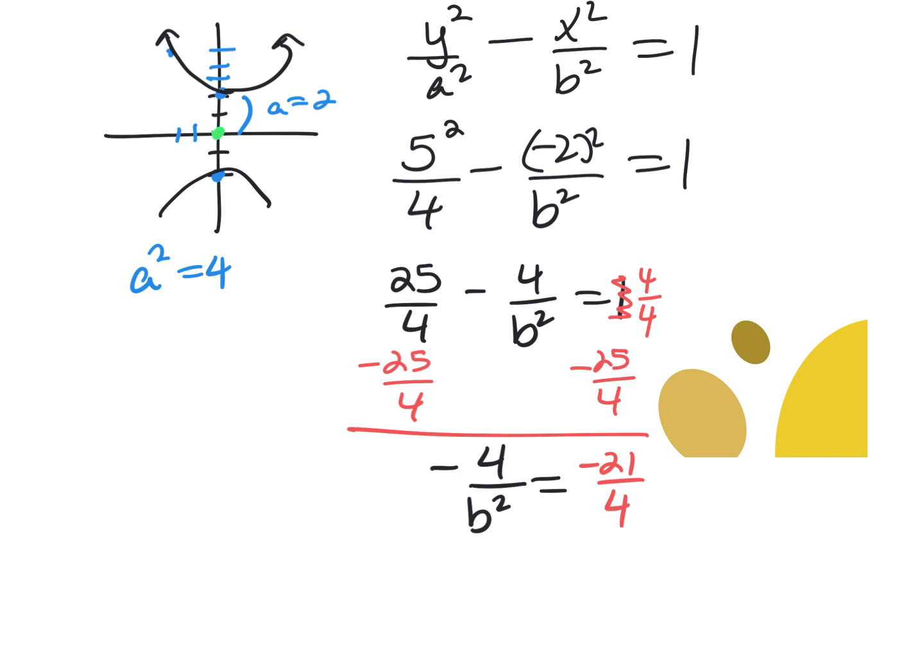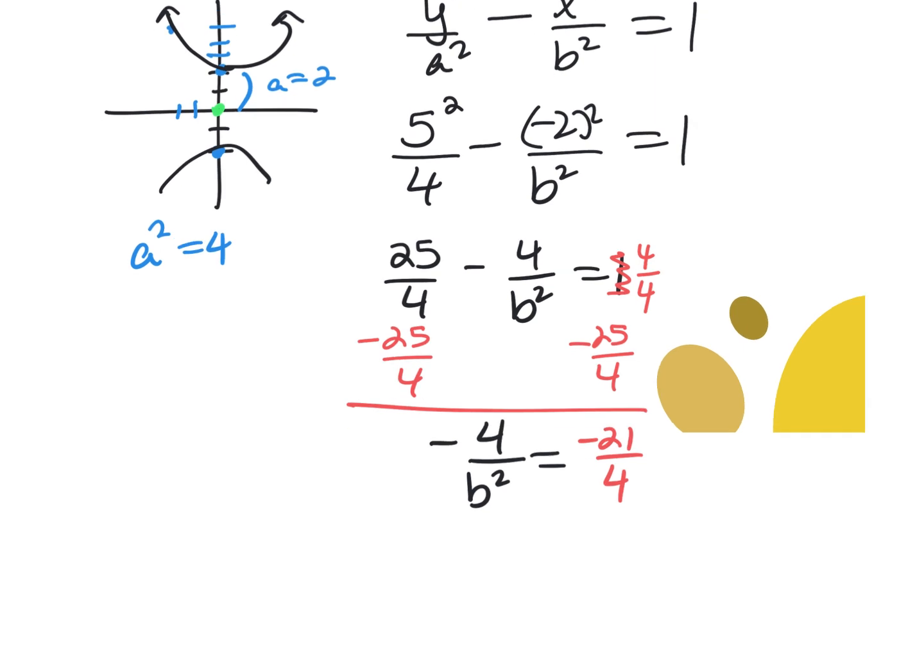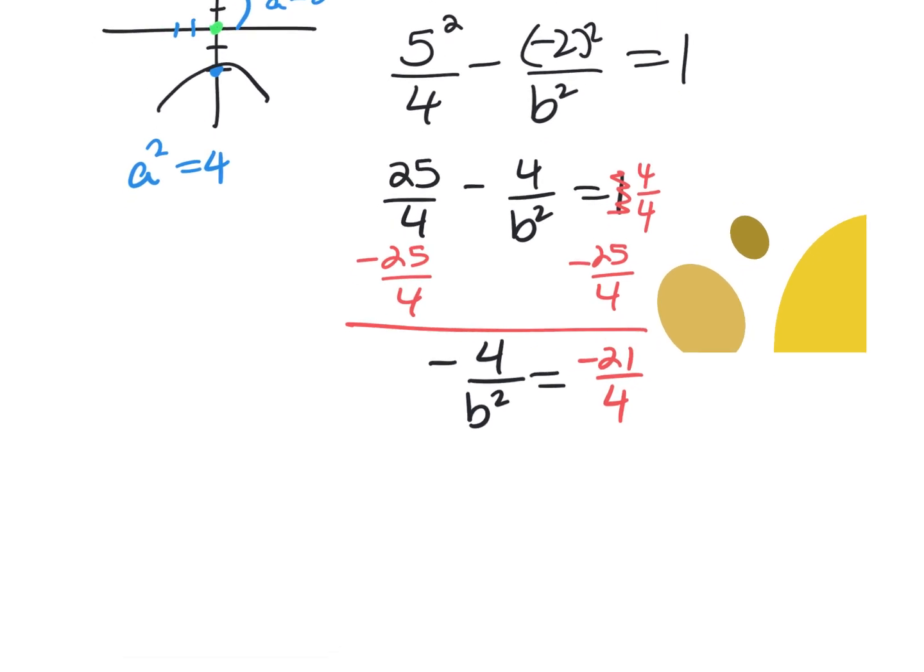Now, whenever I have something like this, two fractions equaling each other, I'm going to solve this as if it's a proportion. Now, we could multiply both sides by 4 or the b squared, but again, it's a lot easier to just cross multiply. So I'm going to multiply the b squared times the negative 21, and then negative 4 times the positive 4.